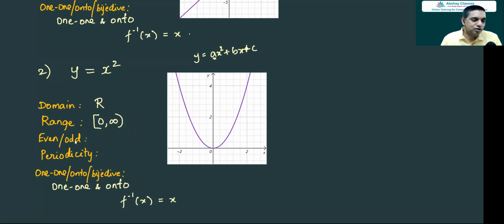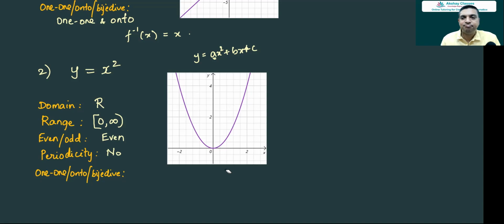Is it even or odd? Even. Very good. Is it periodic? Non-periodic. Is it 1 1, onto, invertible? Please tell. Others also participate. Neither 1 1 nor onto. Okay, it is neither 1 1 nor onto.